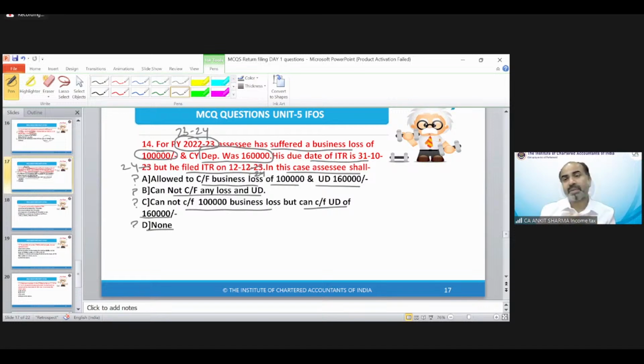But unabsorbed depreciation and income from house property are out of this restriction. Because this is not applicable on unabsorbed depreciation, they cannot carry forward the 1 lakh business loss, but can carry forward unabsorbed depreciation of 1,60,000 rupees. I hope it's clear.